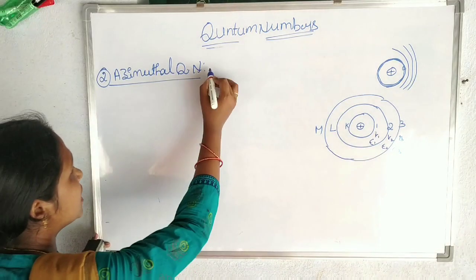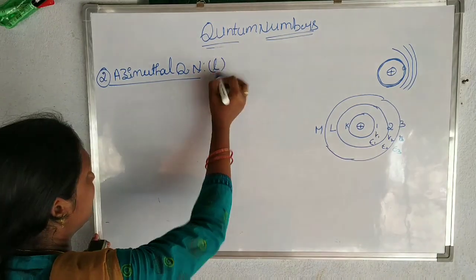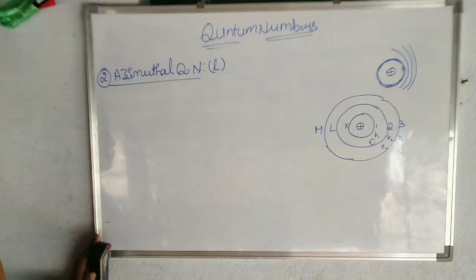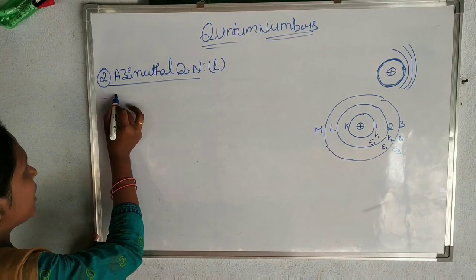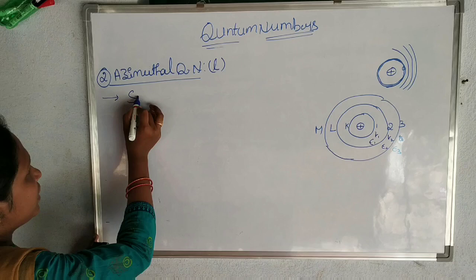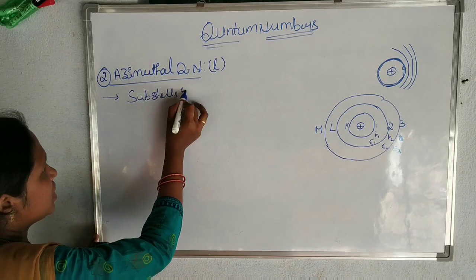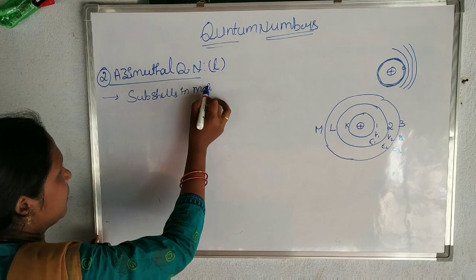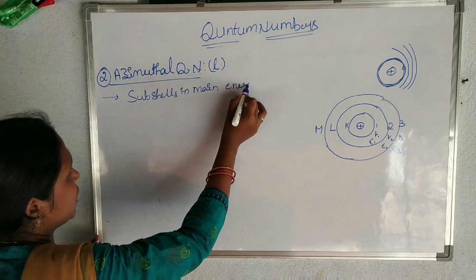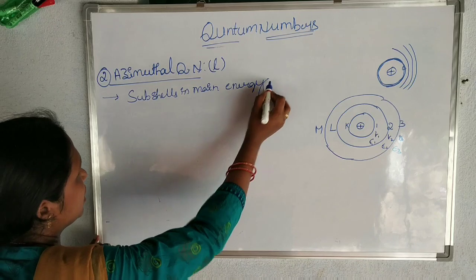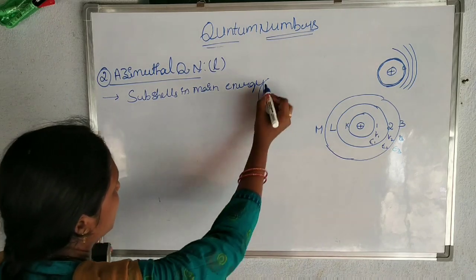It is indicated with the letter L, and it was introduced by Sommerfeld. What does it explain? It explains the sub-energy levels or the subshells in a main energy level, and the shapes of the sub-energy levels.